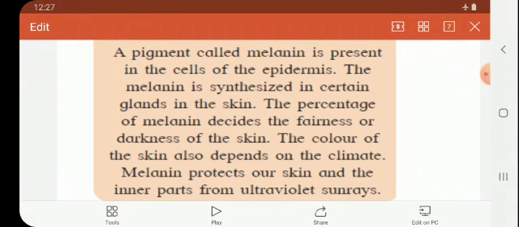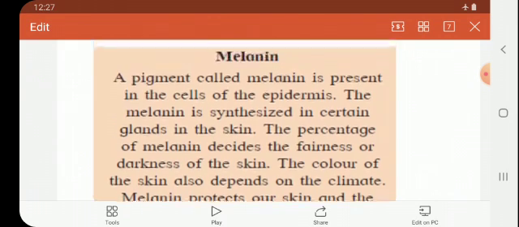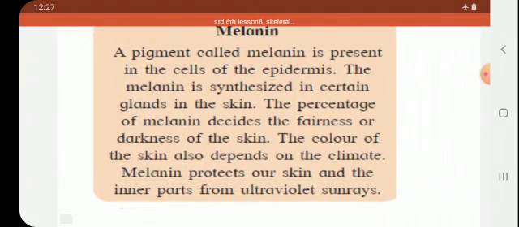So melanin plays a very important role in giving color, and it protects our skin also.